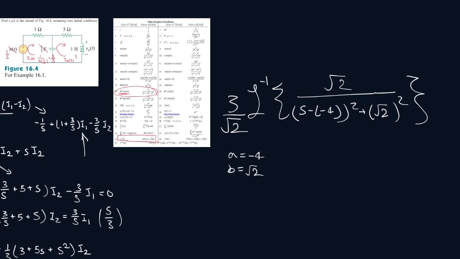So it will be 3 over the square root of 2 times e to the power of minus 4t times sine b, which is the square root of 2 times t. And that's your VO of t.